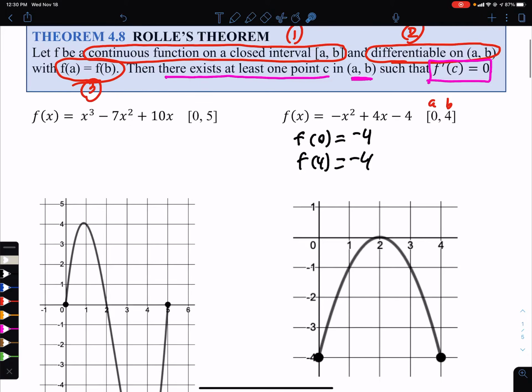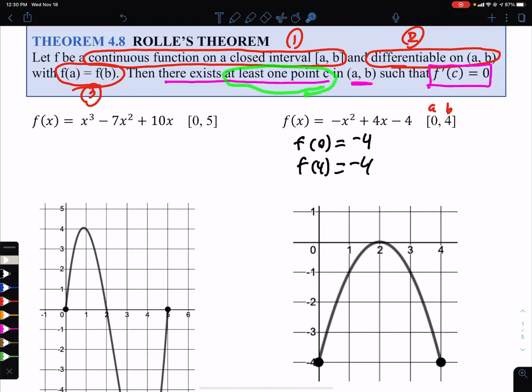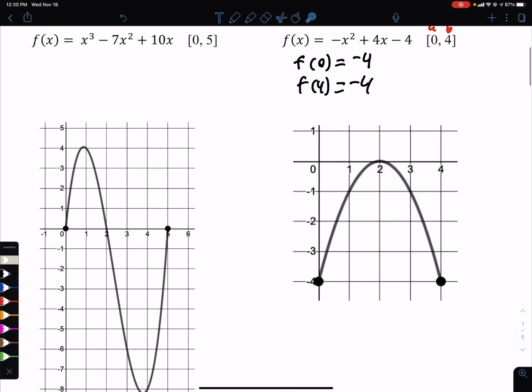If that's true, they're saying there's got to be at least one point where the derivative is 0. Now, if you look, it's pretty obvious where the derivative is 0. It's right there. Because if we draw a tangent line, that's the point where the slope is 0.